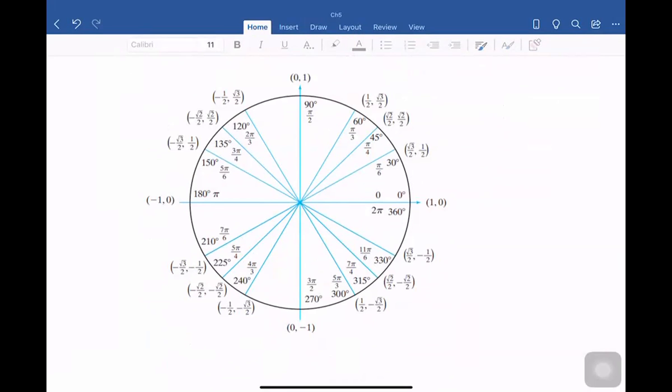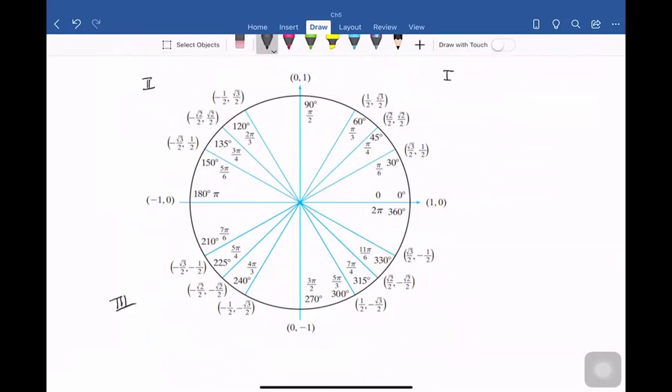Just memorize this. For example, in the first quadrant, this is first, second, third, and the fourth quadrant. In the first quadrant, we know the angle from here to here is pi over 6, or that's 30 degrees. And the point is cosine pi over 6, or cosine 30 degrees, sine pi over 6.